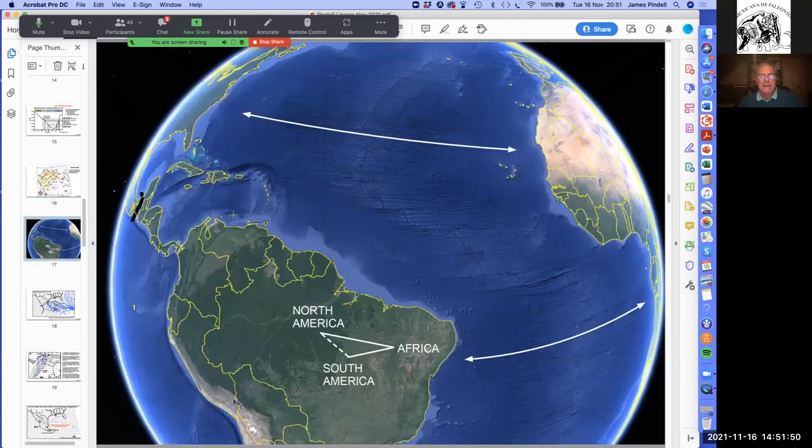The Caribbean plate sits between North America and South America, and the Caribbean plate is also moving. So we cannot use the fracture zones or magnetic anomalies across the Caribbean plate to reconstruct North America and South America, or the opening history between North America and South America.